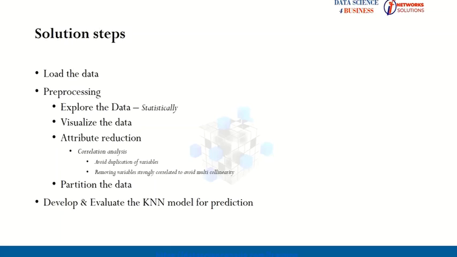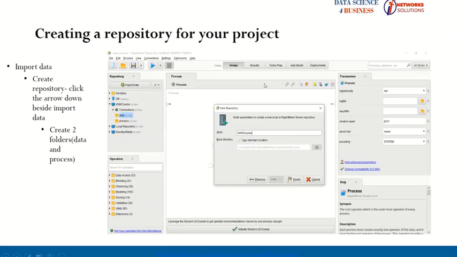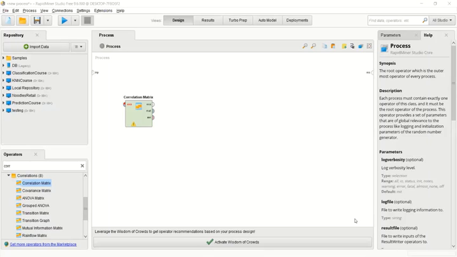So let's quickly run through this one in RapidMiner. So I'm going to go over to RapidMiner. So in RapidMiner now, I'm going to delete this. We are starting a fresh analysis.